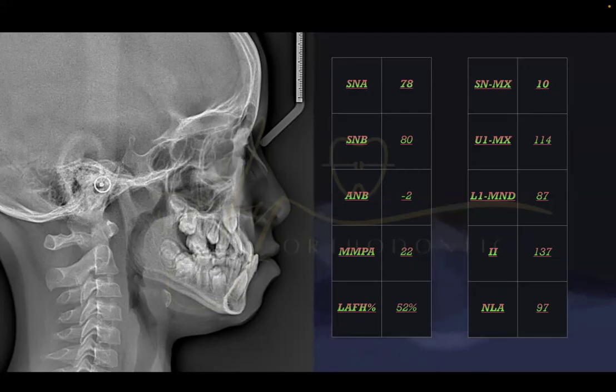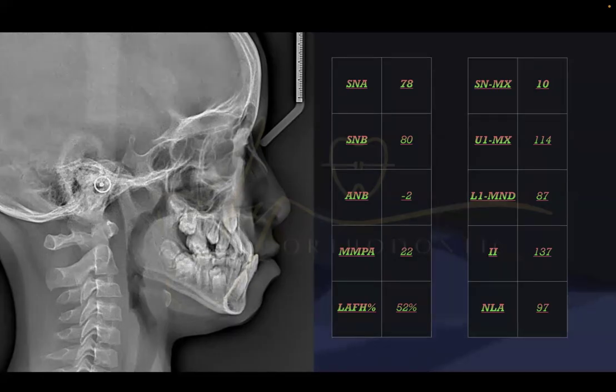You have mentioned that you are going to use the face mask, right? Yes. And rapid maxillary expansion. Yes. What kind of rapid maxillary expansion? Bonded or banded? Bonded.